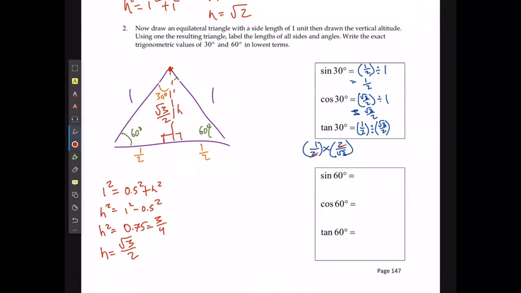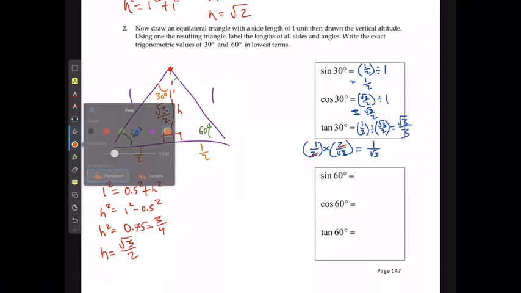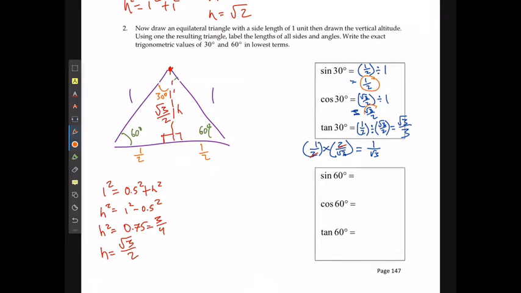The 2's would cancel out, so that's just going to give me 1 over root 3 or root 3 over 3 when I rationalize it. Those are my three exact ratios.